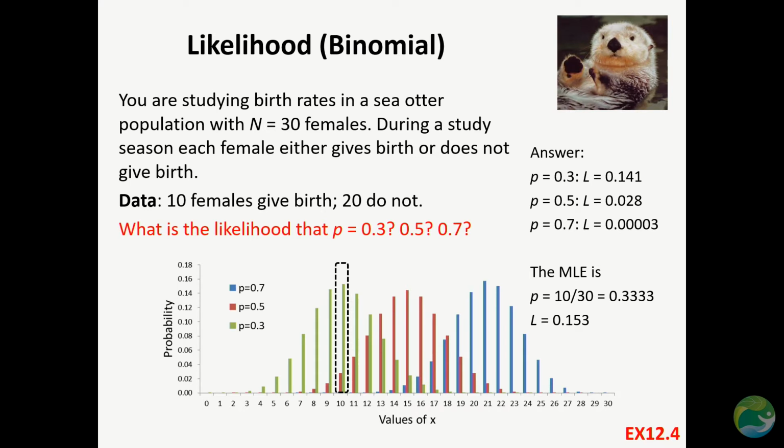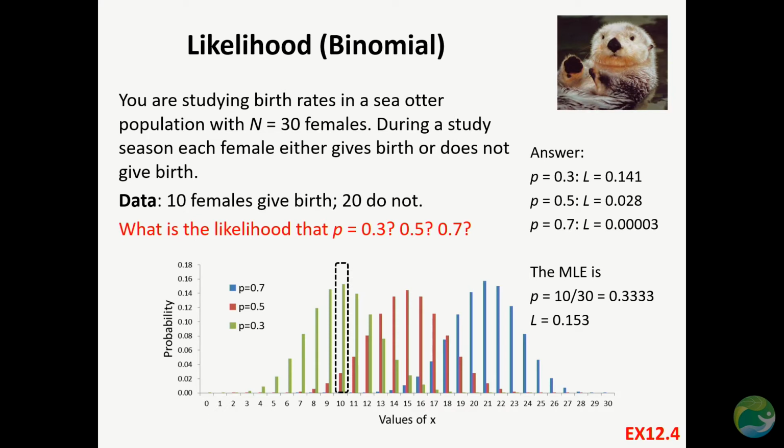So we are going to look at a case to do the likelihood method for the binomial distribution. In this case, you are studying the birth rate in a sea otter population with 30 females.